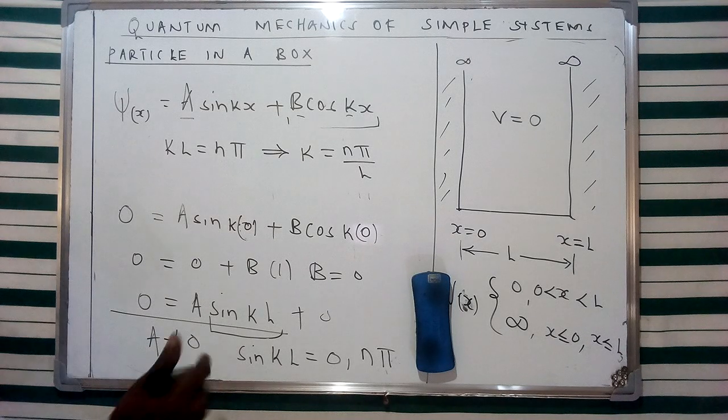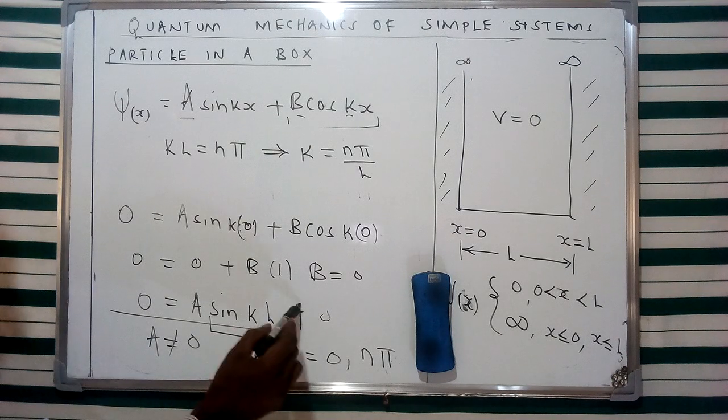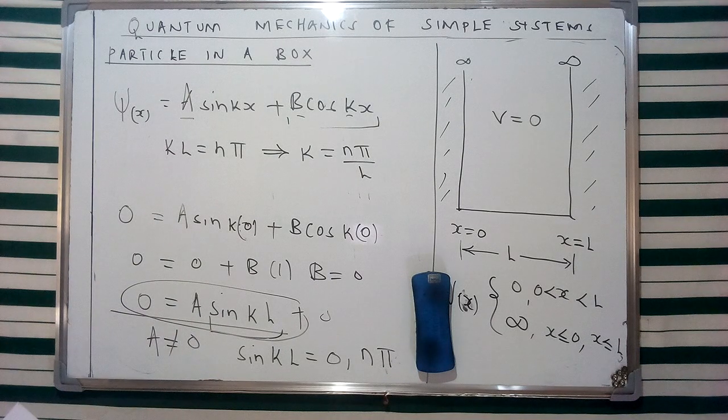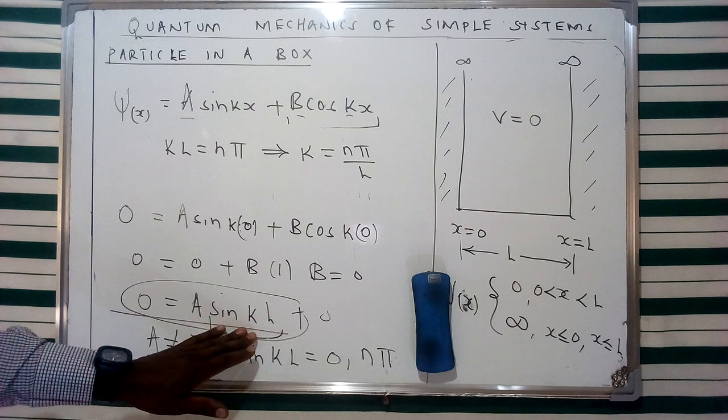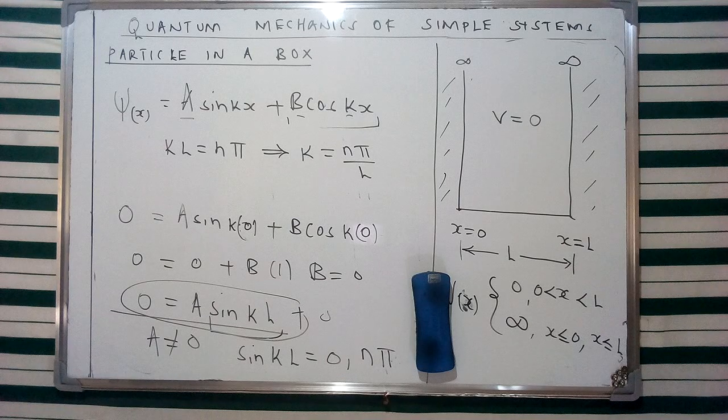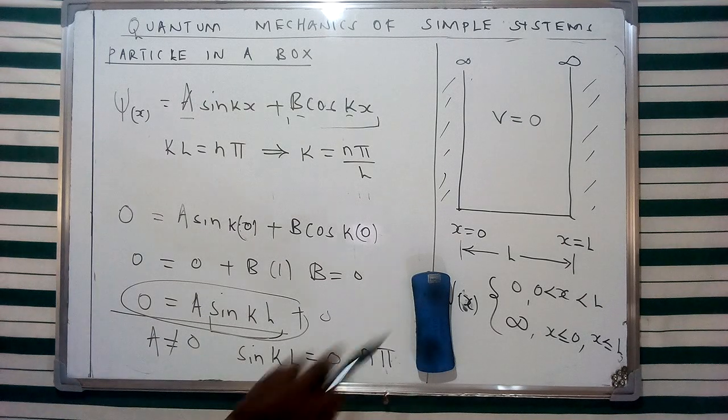So we're going to consider this case and make a substitution for the value of k, whereby we had said that k is equivalent to n pi over L.